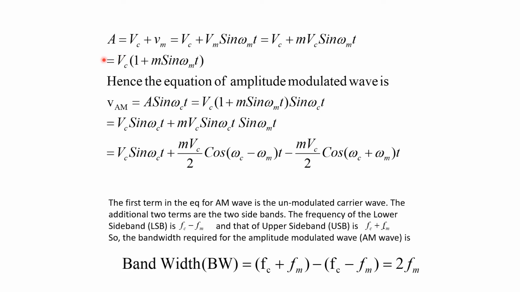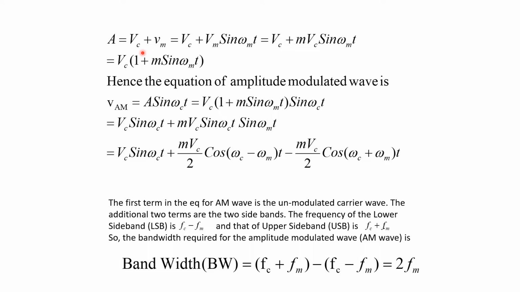As I had described in the previous slide, capital A at a particular instant of time is the amplitude of the carrier wave, which depends upon the instantaneous value of the modulating signal or the message signal.